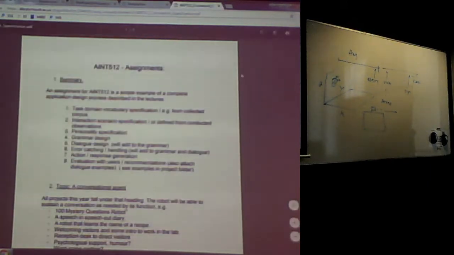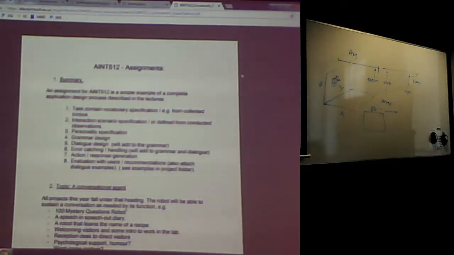I also uploaded an updated version of the coursework specification. So now it says the first step is task domain vocabulary specification. You have to specify what words you are going to use. You can either do it by hand or define these words by collecting a corpus: you go out there, observe people speaking to a photocopier, and then extract what dialogue you would expect.